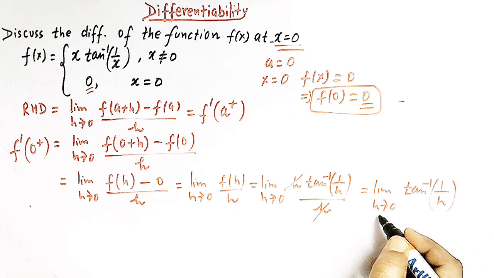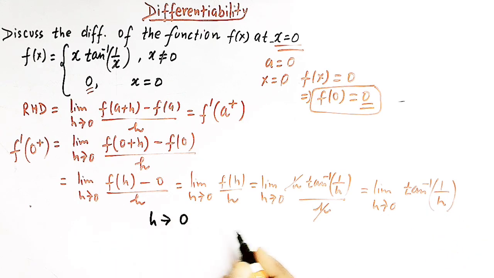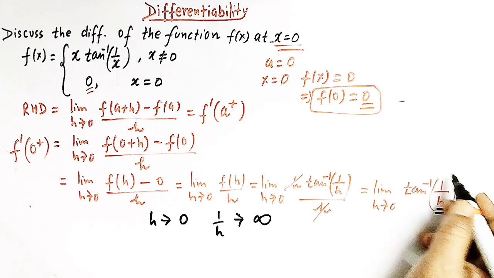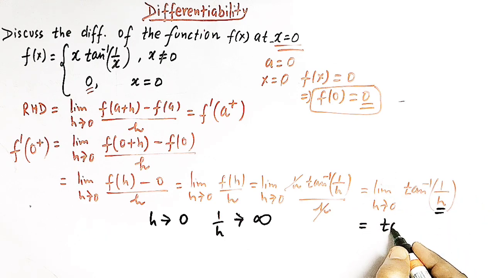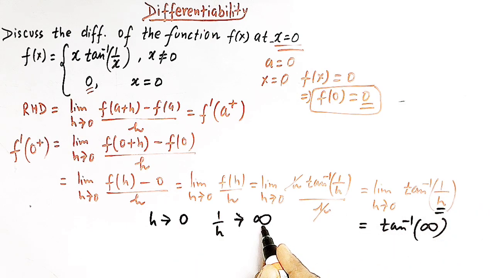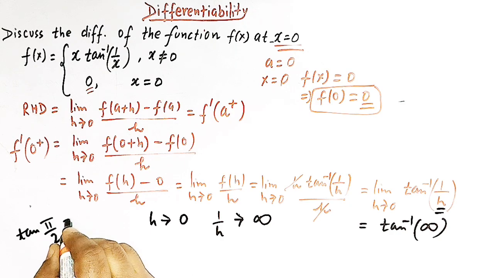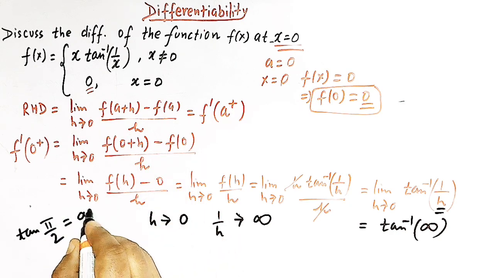Now see here h is tending to 0. So when h tends to 0, then 1 over h tends to infinity. So here this limit is now equal to tan inverse infinity, because when h tends to 0, 1 over h tends to infinity. And we know that tan of pi by 2 is not defined, that is infinity.